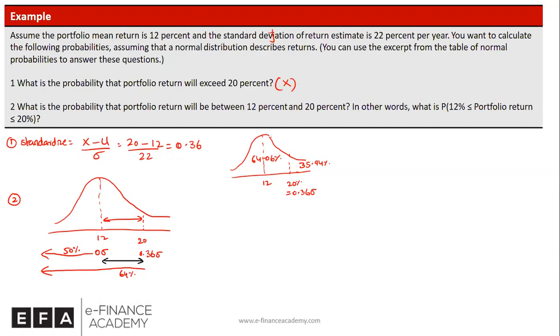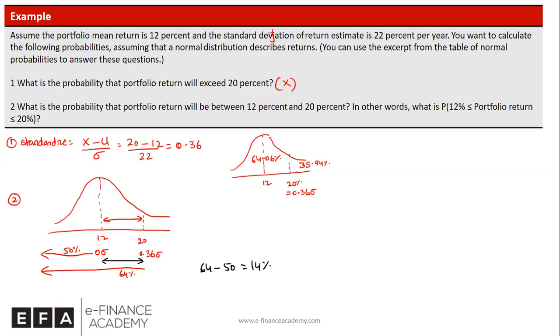Think about it. Of course, it's going to be the difference between 64 and 50%. So the answer will be 64 minus 50. That's around 14% of the data will fall between 0 and 0.36 deviation, or between 12 and 20%.